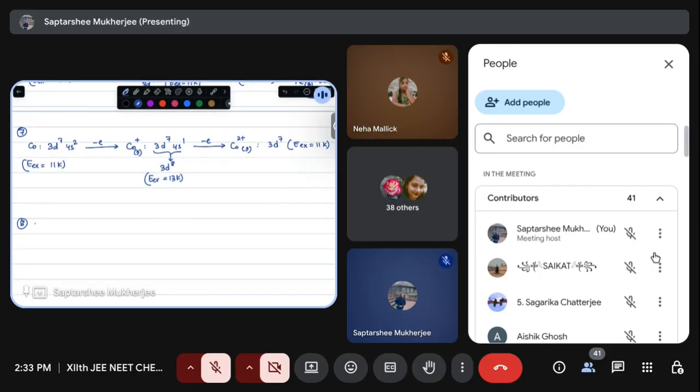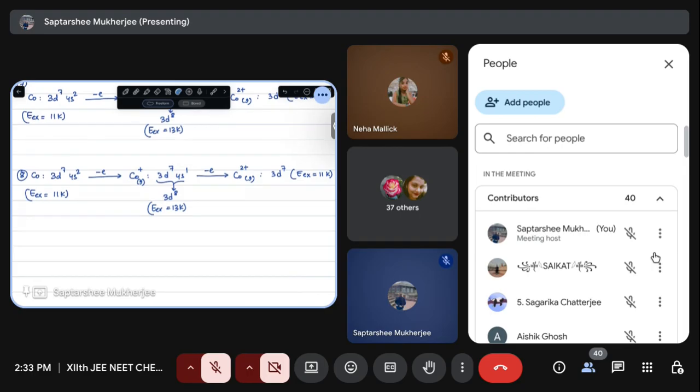If I do the same with nickel, if I take nickel, it is 3d8 4s2.